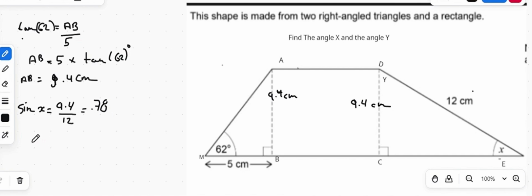So you find the sine inverse now for X on your calculator so that you can find the angle X.